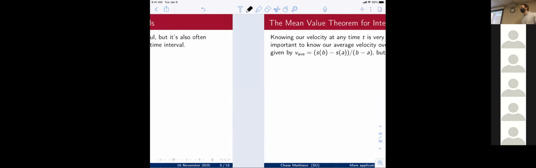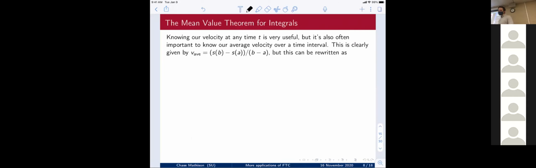If you're a runner, which I am not, you care about how long it took you to run a certain distance. That's an average velocity over your whole trip. So average velocity is very important to us in daily life.